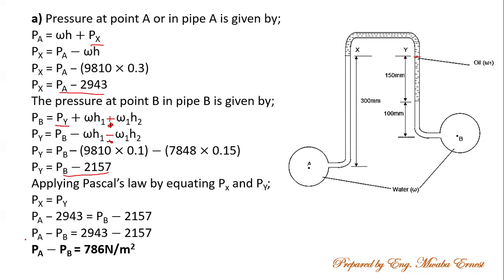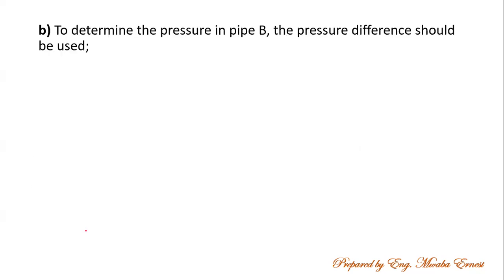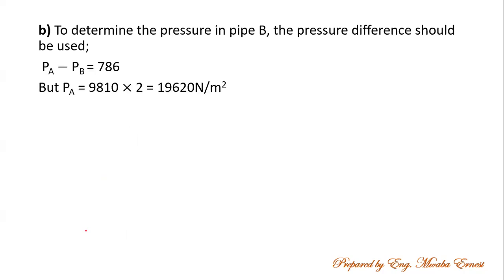Next, here you can see that we have PA minus PB, meaning if I'm given any of the two values, I can find the other one. That is for part B. Here we're given that pressure at A is 2 meters of water. So multiply 2 by the specific weight of water, and substitute back into this equation: 19,620 minus PB is equal to 786.